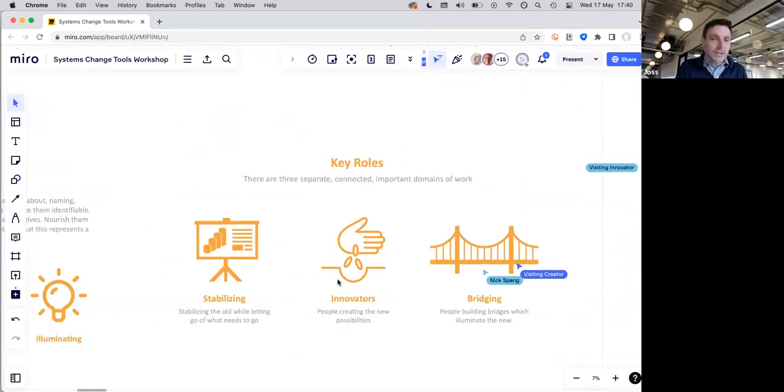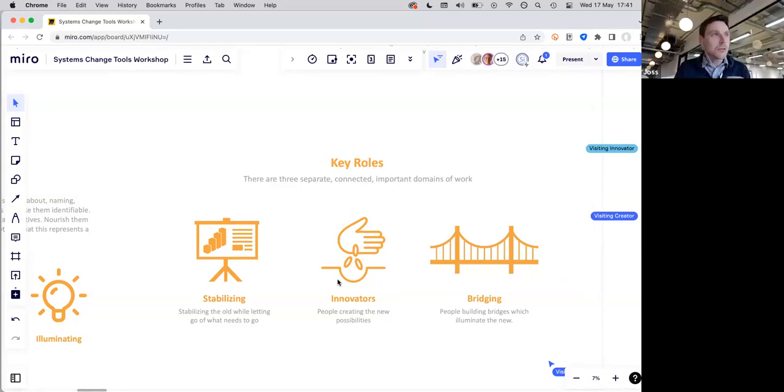There are the actors who are stabilizing the existing system, which means these different models recognize, and I guess systems change has a recognition that we can't actually make this transition without the incumbent system. We're not starting from scratch. We live in these very complex economic and social systems.